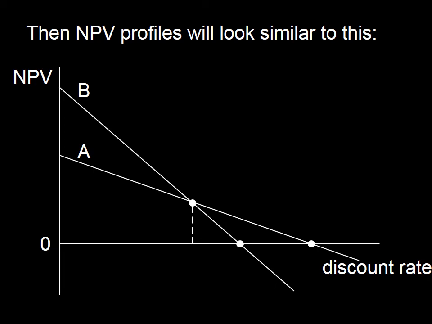So let's say that Project B has an IRR of 17%, and Project A is going to have a greater IRR of, say, 22%. I'm just making numbers up. Point being, it doesn't matter what the cost of capital is for the firm. The internal rate of return for Project A is always going to be higher than the internal rate of return for Project B. It doesn't change.